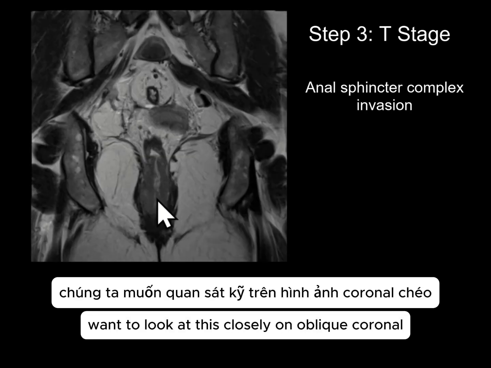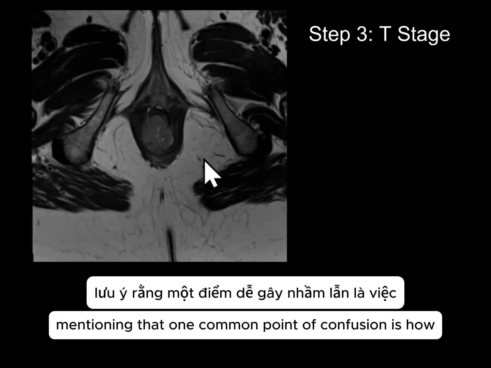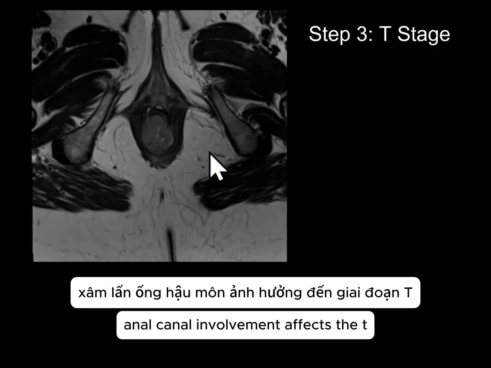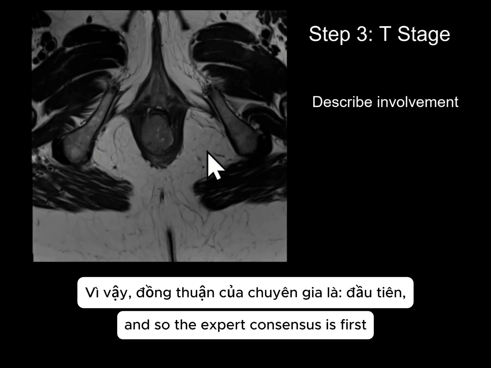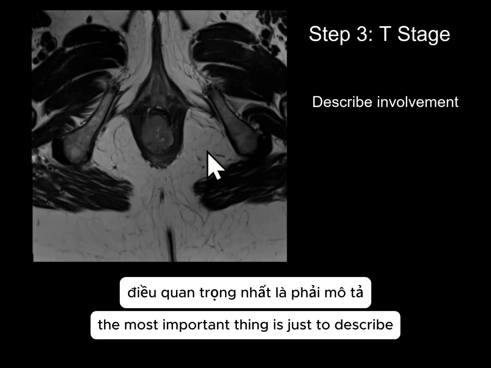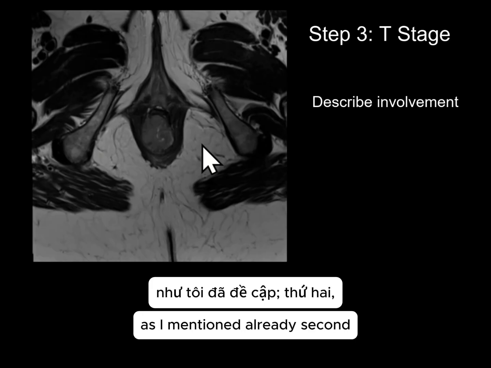We, of course, want to look at this closely on oblique coronal high-resolution images as well. It's also worth mentioning that one common point of confusion is how anal canal involvement affects the T stage of the tumor. The expert consensus is, first, the most important thing is just to describe what parts of the anal canal are involved, as I mentioned already.